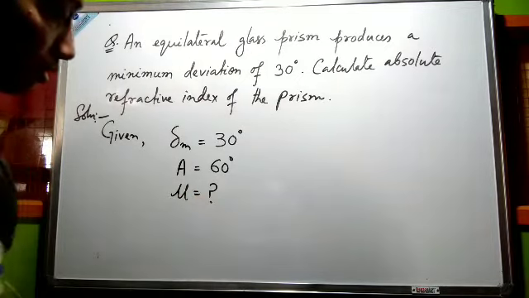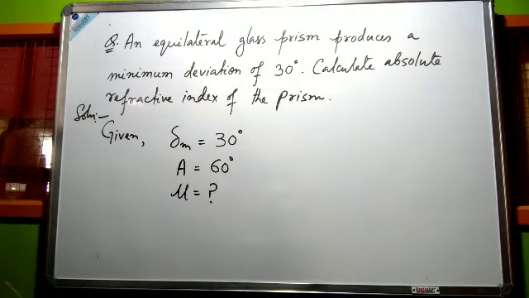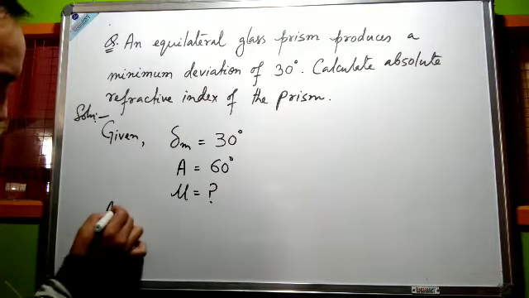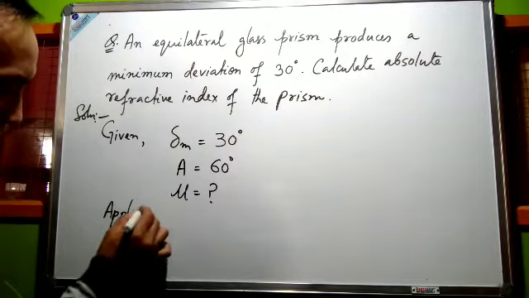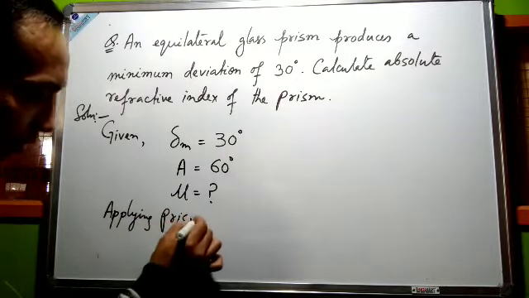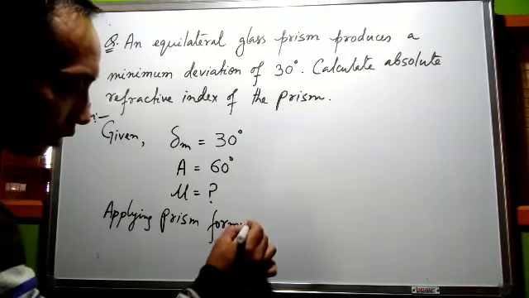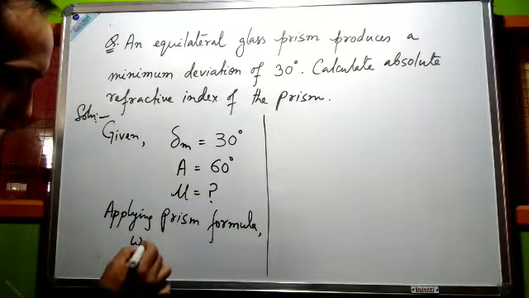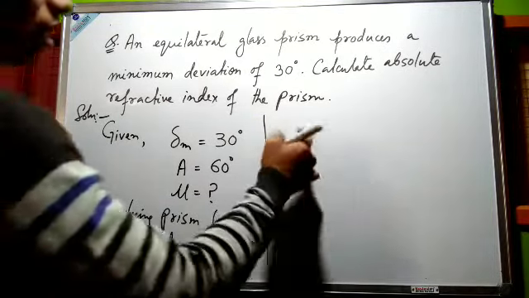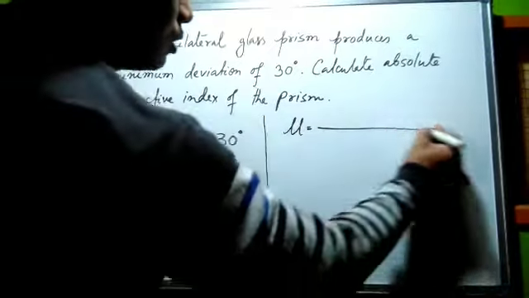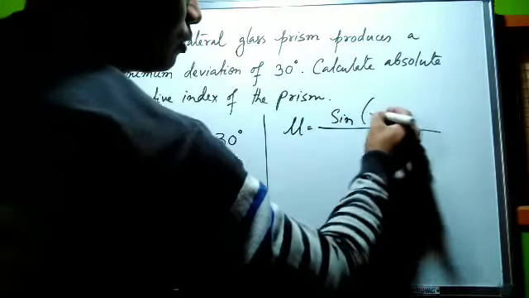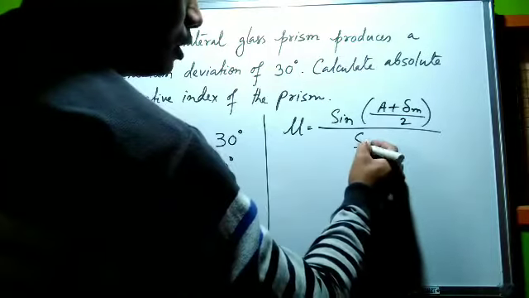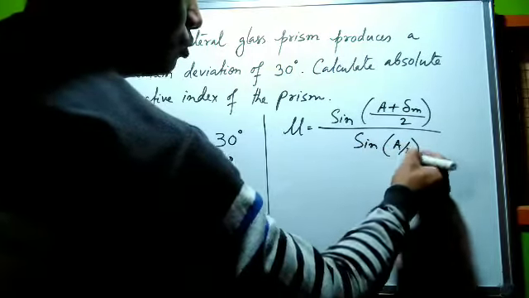We need the absolute refractive index of the material of the prism. Applying the prism formula, mu equals sine of A plus delta M divided by 2, over sine of A by 2.